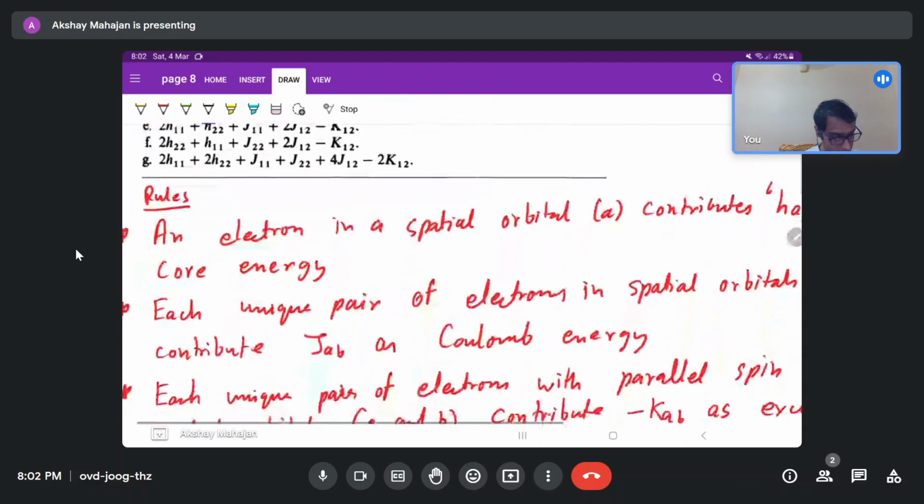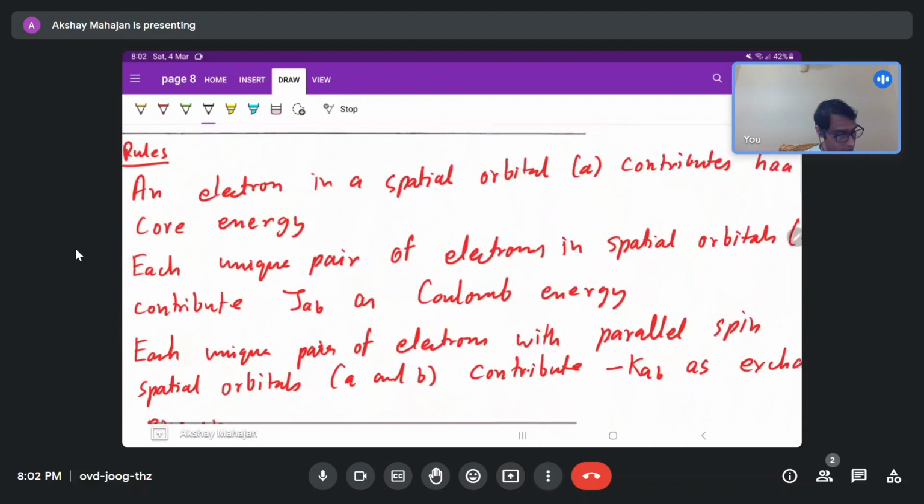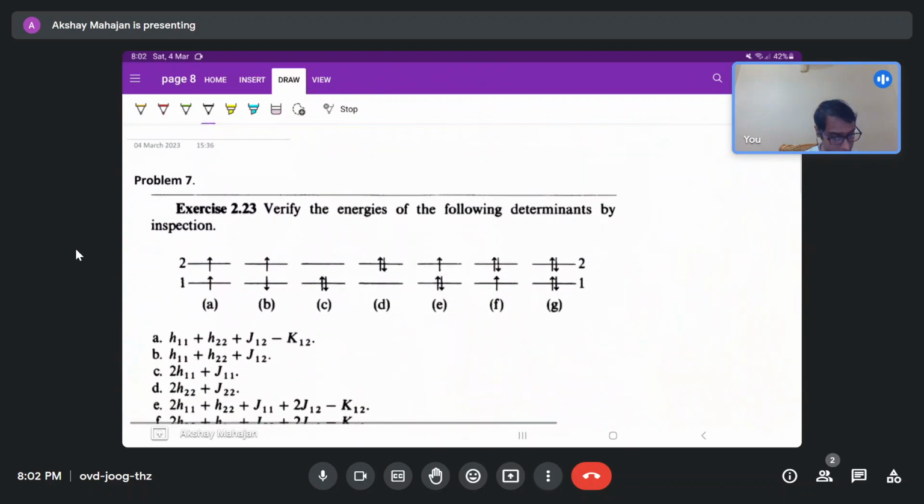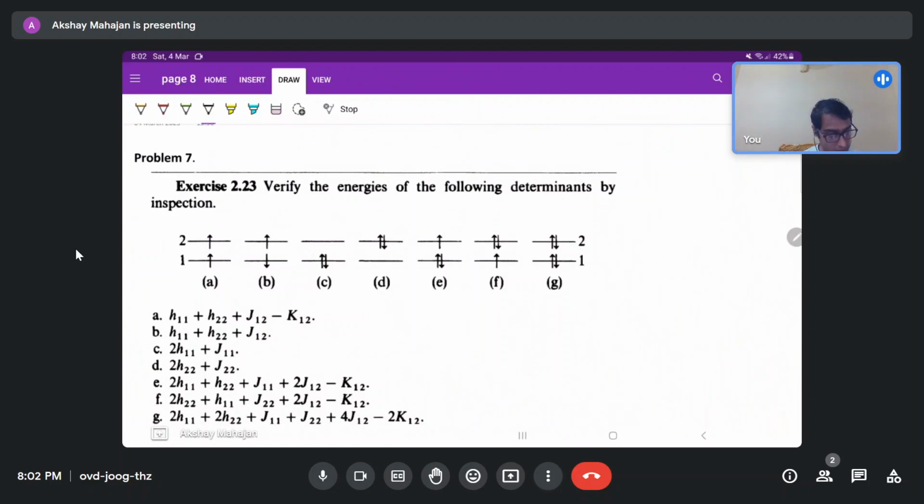Then our second rule says that each unique pair of electrons in spatial orbitals A and B contribute JAB. So we have electrons in spatial orbitals 1 and 2, so they will contribute one J12, and they are parallel as well, so they will contribute minus K12. So we have verified our first part.